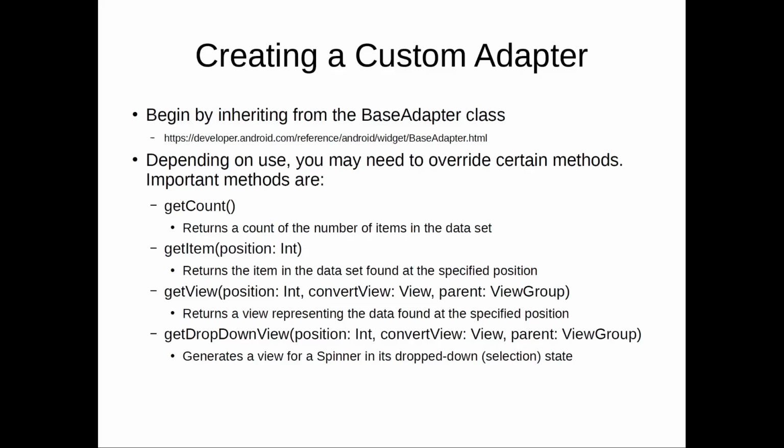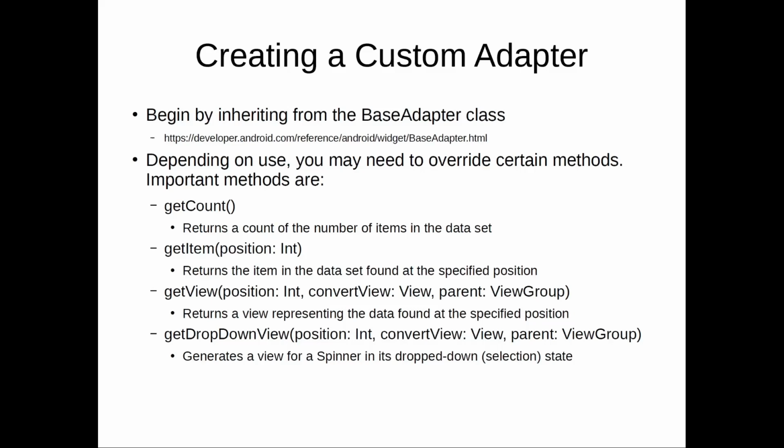And getDropDownView is similar to getView, except this is a view that gets displayed in a spinner when the user hits what is traditionally presented as a down arrow, and it presents a list for the user to select one item from that list. So we'll see the difference between getView and getDropDownView in this example.